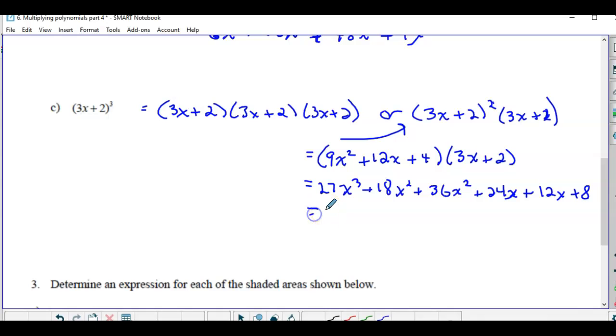And so when we collect like terms, 18 plus 36 is 54x squared. And 12 plus 24 is 36x plus 8.